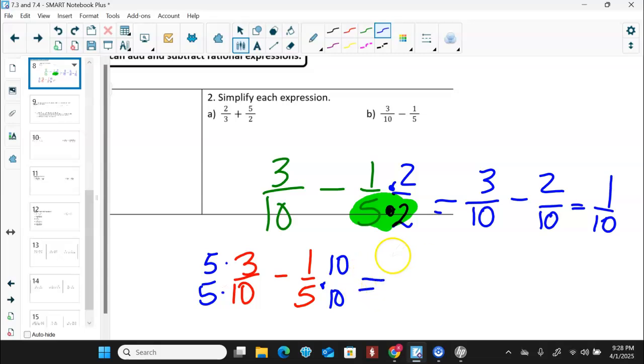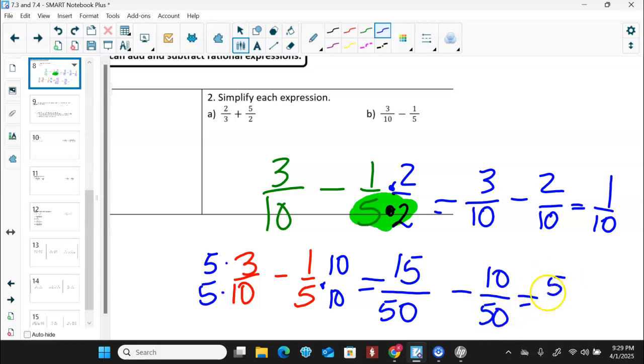You're going to get the same answer, because here 5 times 3 is 15 over 50, and here 1 times 10 is 10 over 50. If you subtract them, that's 5 over 50, and if you simplify, it's 1 over 10. Either way is fine.